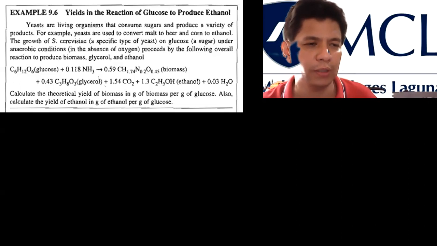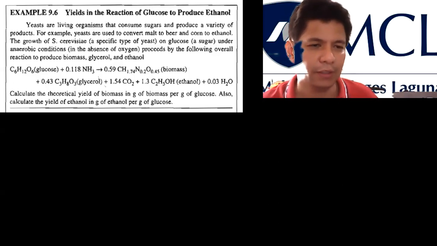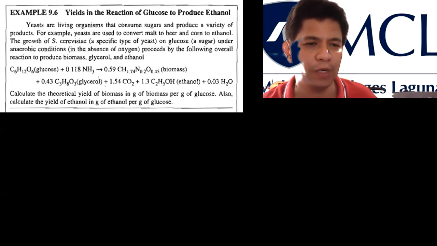So glucose, C6H12O6, plus 0.118 ammonia, that's NH3, will produce 0.59 mole of CH1.74NO0.45, that's your biomass empirical formula, plus 0.43 C3H8O3, that's your glycerol, 1.54 moles of CO2, 1.3 moles of C2H5OH, this is your ethanol, and 0.03 mole of water.